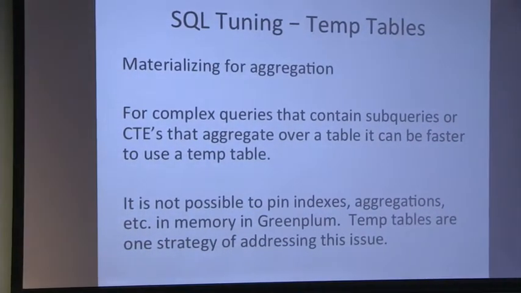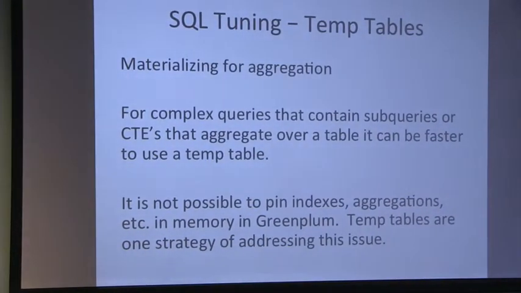All right, so the next one was materializing for aggregation, right? If you have a complex query that contains subqueries that aggregate over a table, it can actually be faster to materialize that to a temp table and then use that in your query, depending on the query plan.